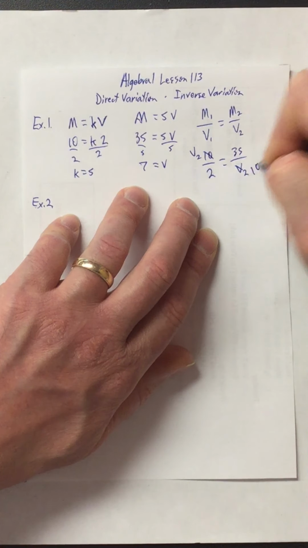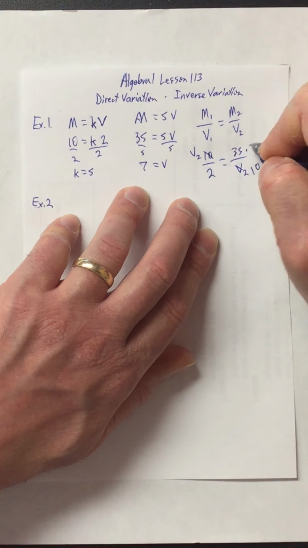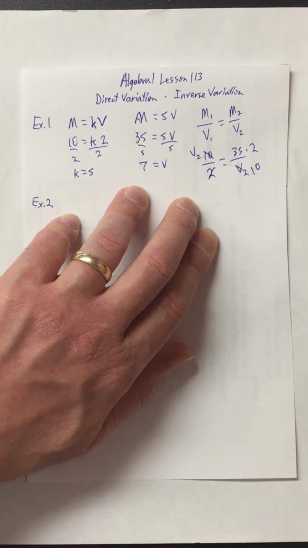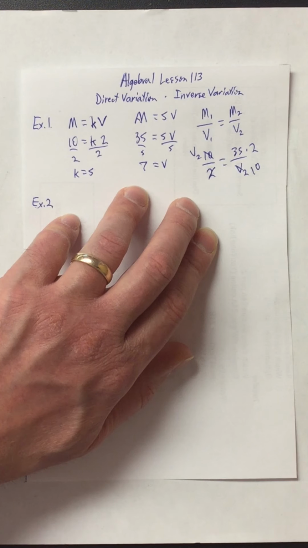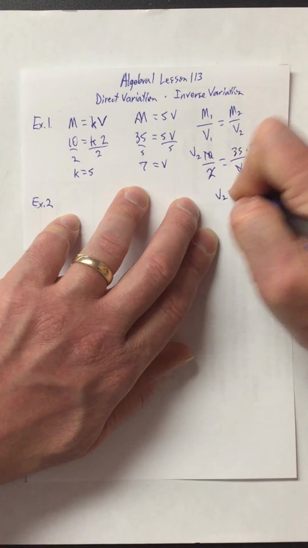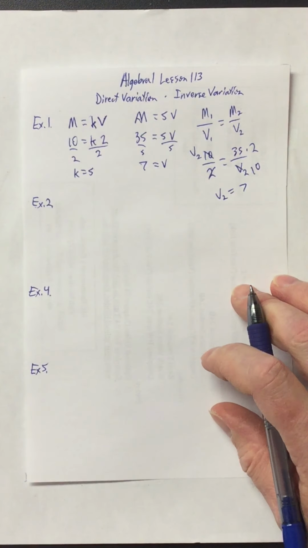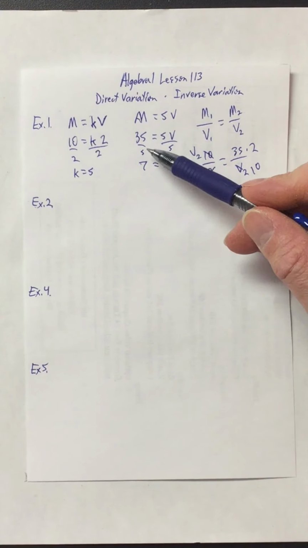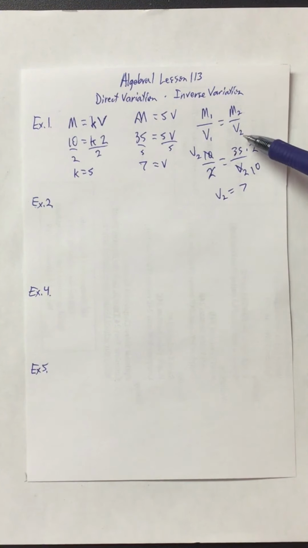Get that one up here, this one over here, and then cross multiply to get the 2 up there. So we have 35 times 2 divided by 10. And you can see, yes, that gives us the same answer of V2 is equal to 7. So there's 2 ways to do it. One is through the 2 steps and find your constant. The second is to set it up through ratios.